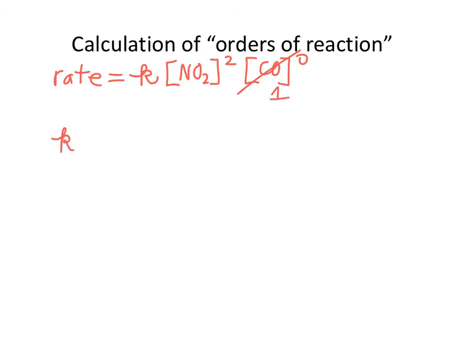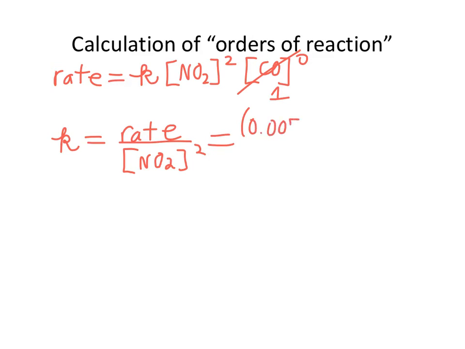So we're going to find K equals the rate divided by NO2 squared. Now, I'm just going to pick data from experiment number 1 and substitute in. So the initial rate for experiment number 1 is 0.0050, and that's always molar per second.